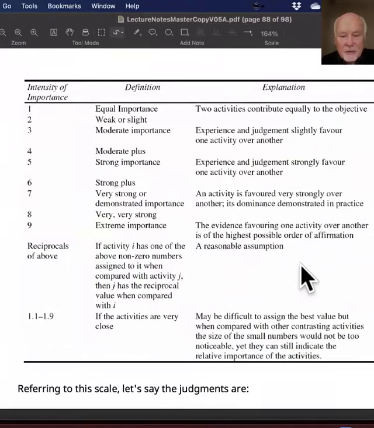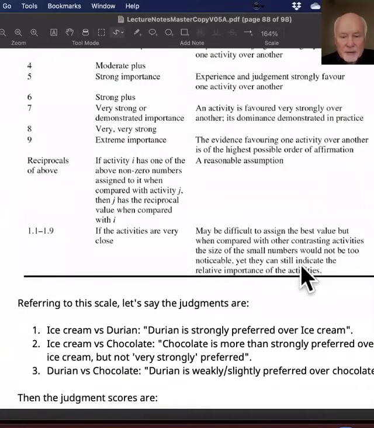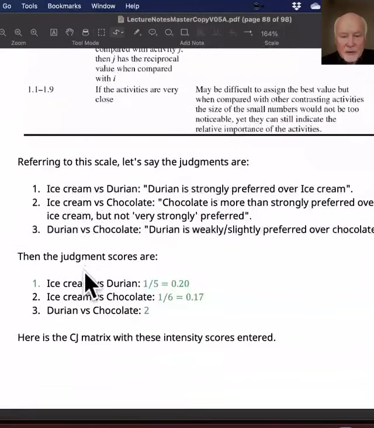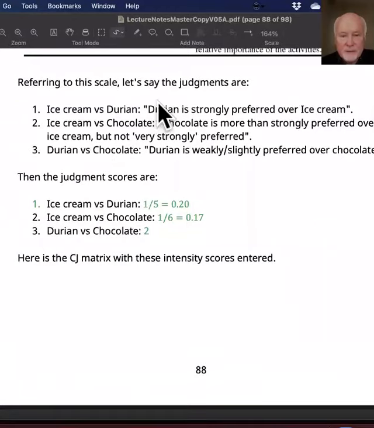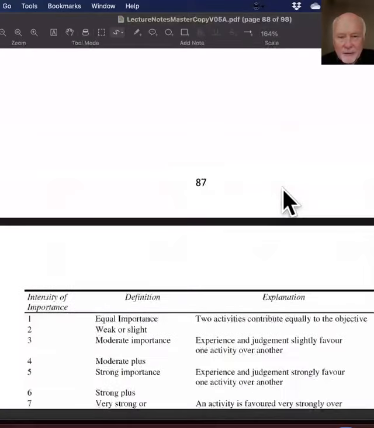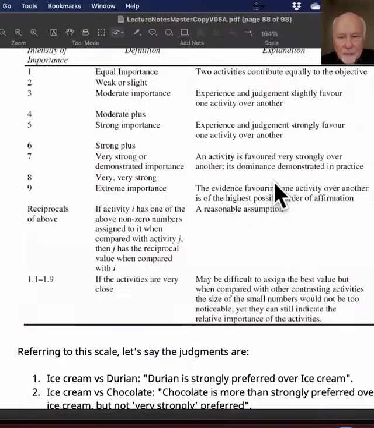So let's look at our 3 comparisons. Let's say if it's ice cream versus durian, I strongly prefer durian over ice cream. So what we do is we look here for strong, strongly favoring one thing over another.